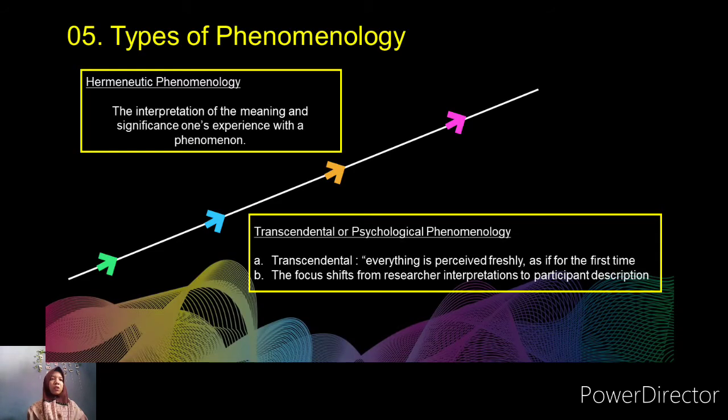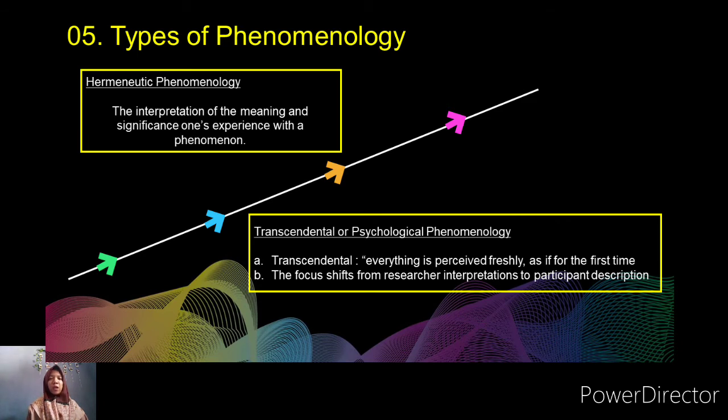Next, we move to types of phenomenology. The types of phenomenology have two parts. First, hermeneutic phenomenology. That is the interpretation of the meaning and significance of one's experience with a phenomenon.